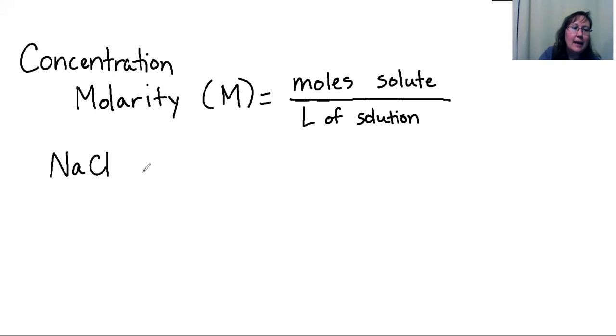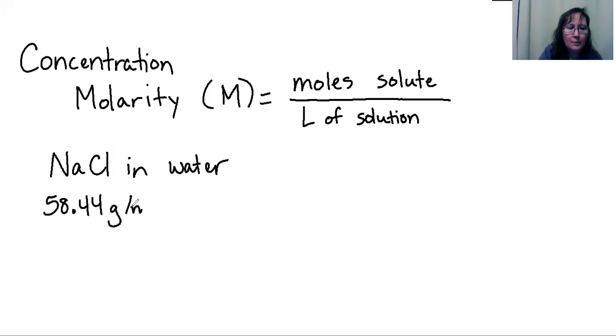Before I go on any further, I'm going to calculate real quick the molar mass of sodium chloride: 1 sodium, 22.990, plus 1 chlorine, 35.45, and that gives me, for my sodium chloride, 58.44 grams per mole.